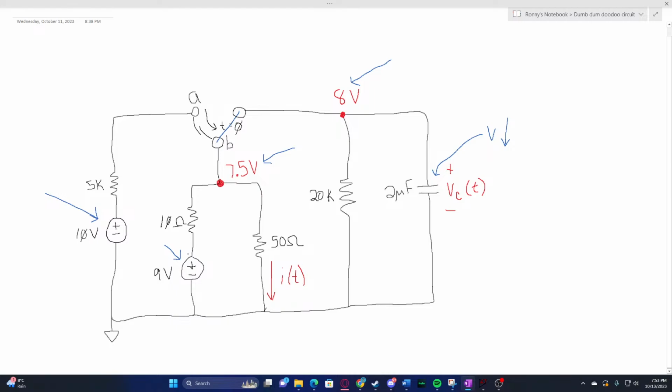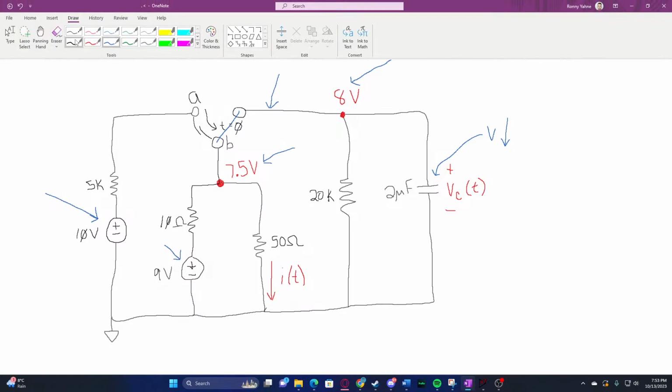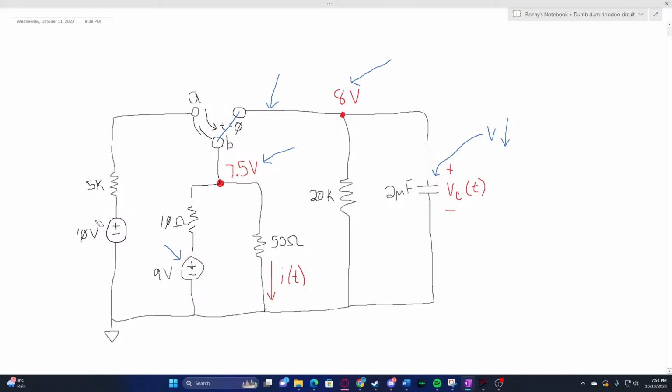How do we calculate what the voltage at this node is going to be? Well, we have a 9-volt source. I'm going to erase all these arrows because I think I made my point clear here.